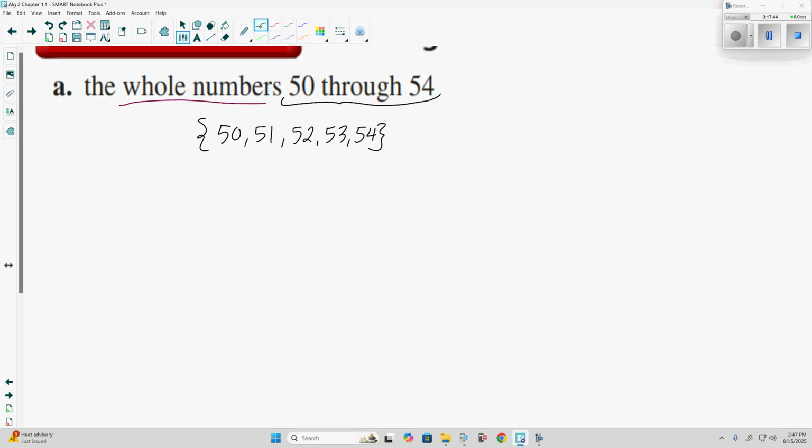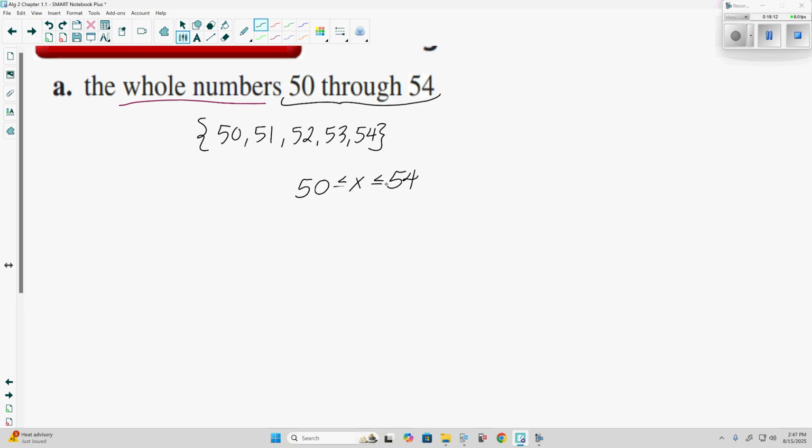If we wrote our description out, our two endpoints are 50 and 54. Now, because we're writing it as an inequality, inequalities have to have variables. So we have the variable. We're saying the number has to be between these two. Now, 50 is going to be less than or equal to x. It's going to be less than or equal to 54.